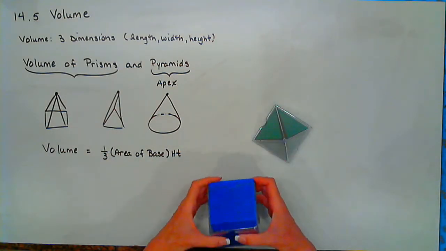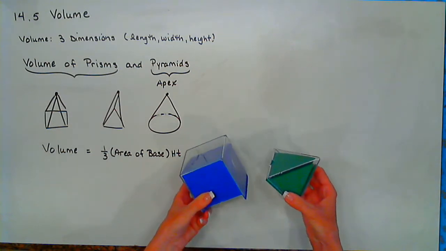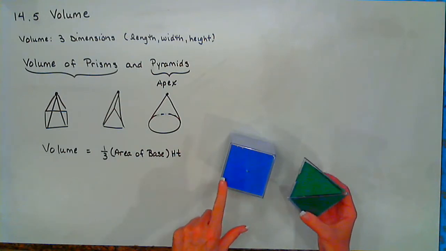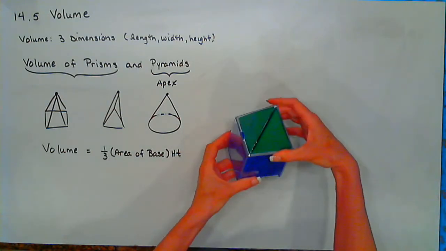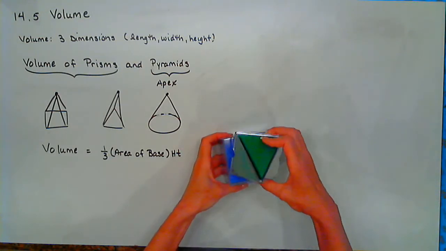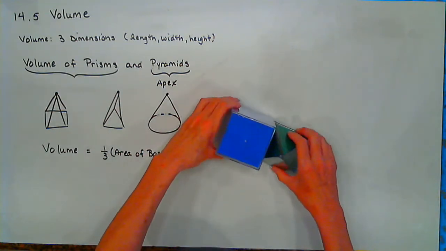If I look at my rectangular prism, or my cube actually, I grabbed the cube. You'll notice that the base on the cube is the same as the base on this pyramid, so they actually line up perfectly. And the height of the cube is the same as the height of this pyramid.